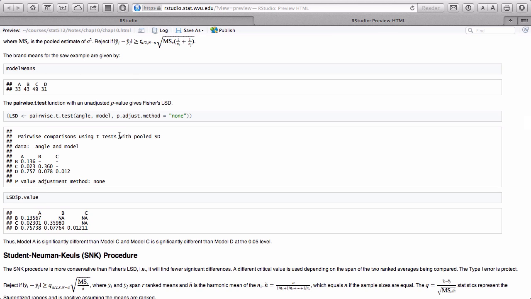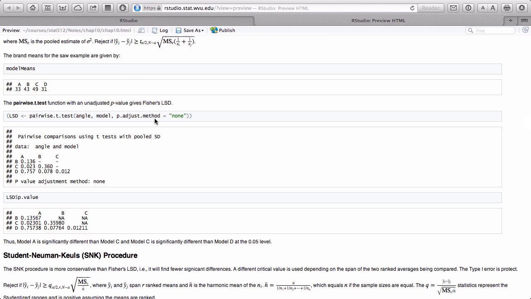A lot of the modern procedures we can do with the pairwise.t.test. And in particular, I wanted to show you one additional thing. When you do this code and you specify p.adjust none, then this is equivalent to doing Fisher's LSD because the p-values are not adjusted.